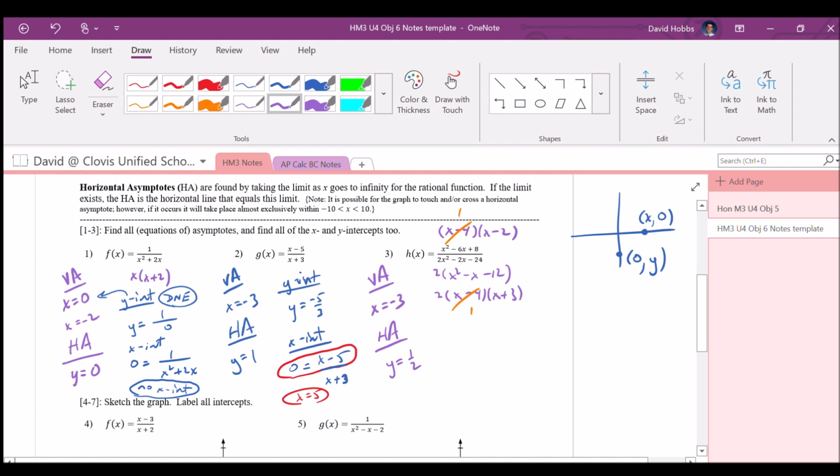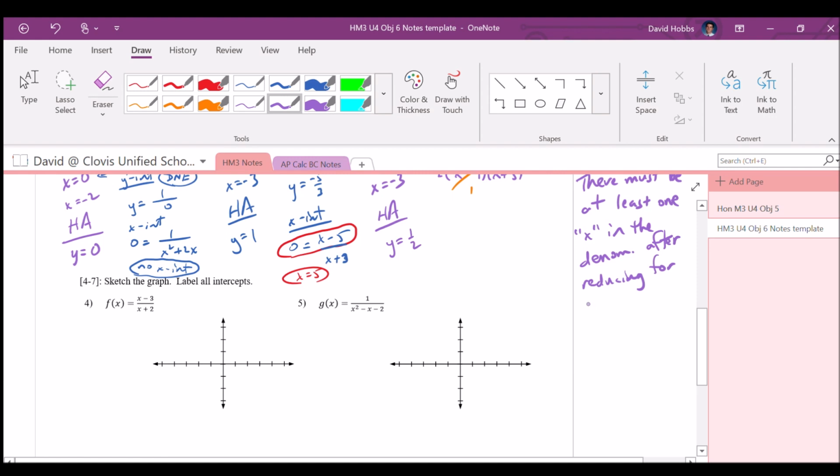Now, one little caveat here: for horizontal asymptotes, or even any asymptote, there must be at least one x, or whatever the variable is, in the denominator after reducing for there to be any asymptotes.